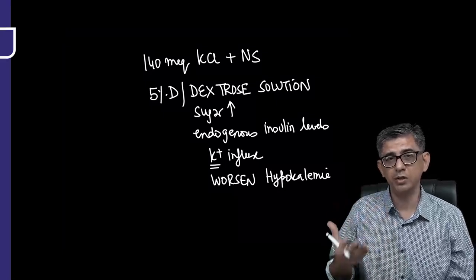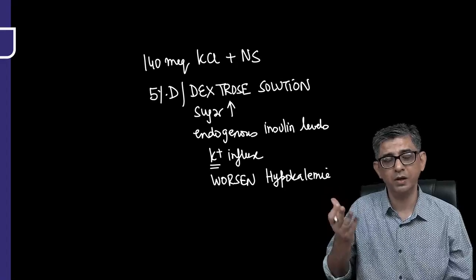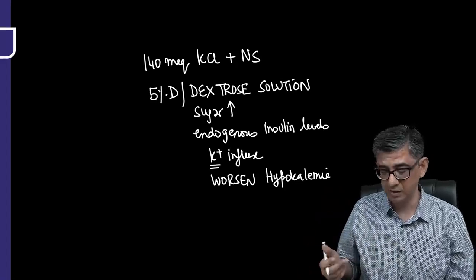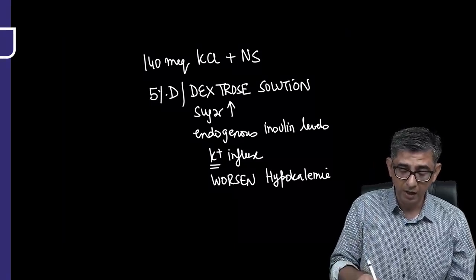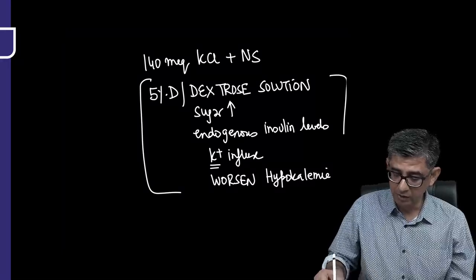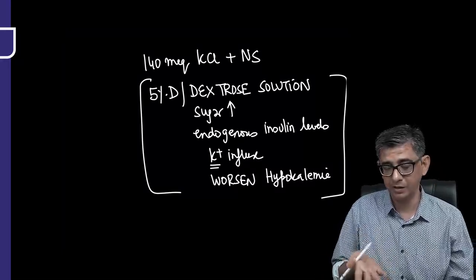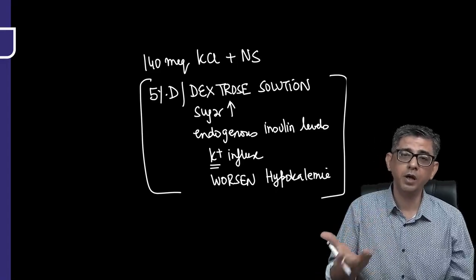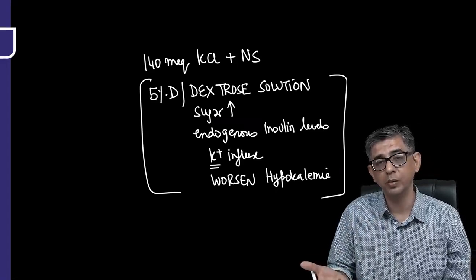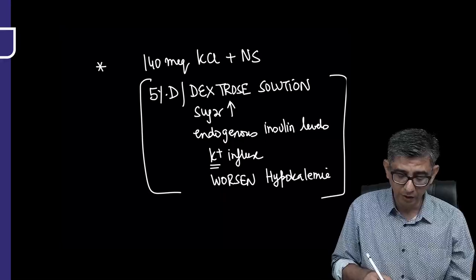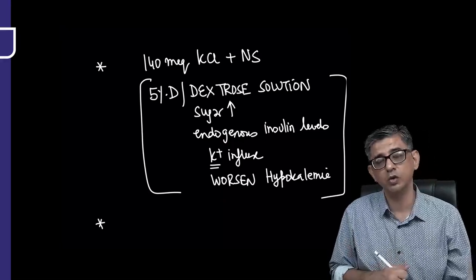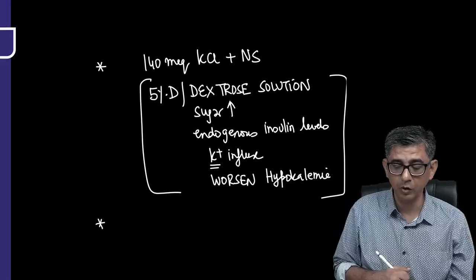Because dextrose based solutions will cause a rise of sugar, a rise of insulin, and insulin will drive potassium inside the cells. So the original hypokalemia of the patient will be worsened. Therefore the question was which fluid is not to be given? The answer is dextrose based solutions. Which fluid can be given? The answer is normal saline. The basic rule to remember at the moment is that the fluid in which KCl is to be given to the person is always going to be normal saline.